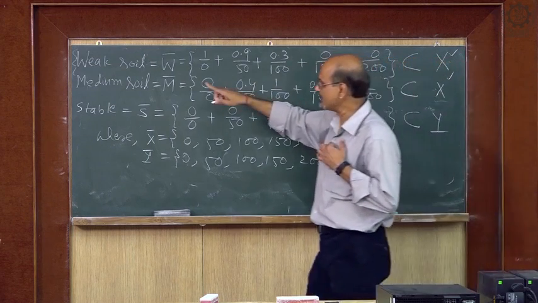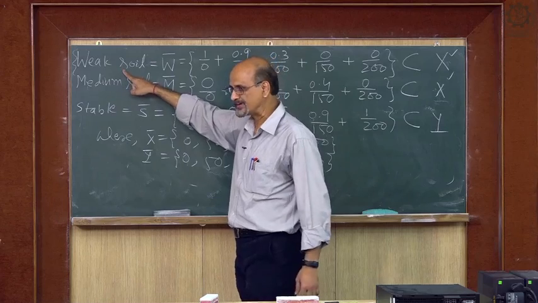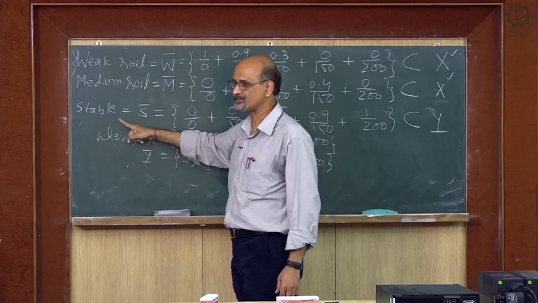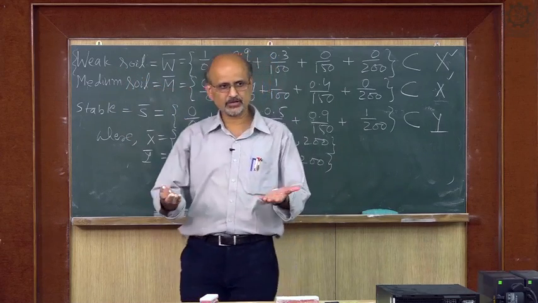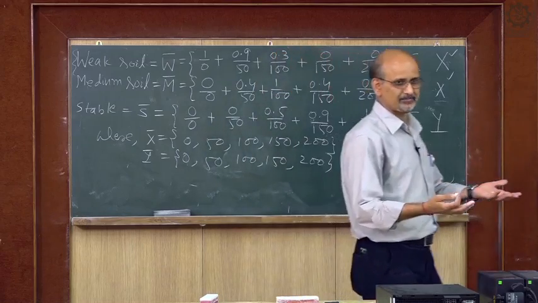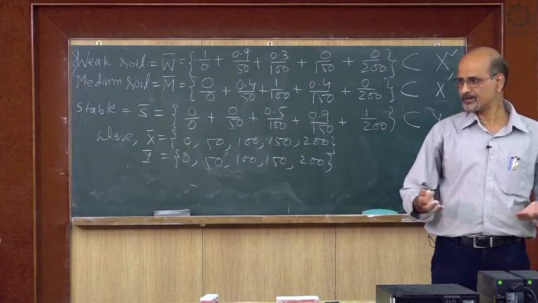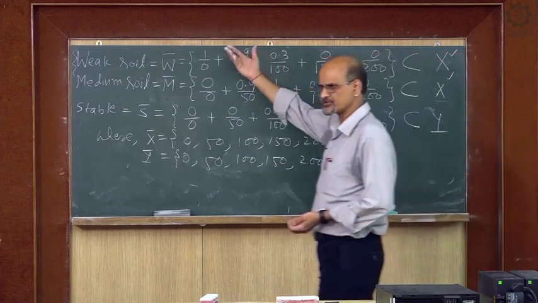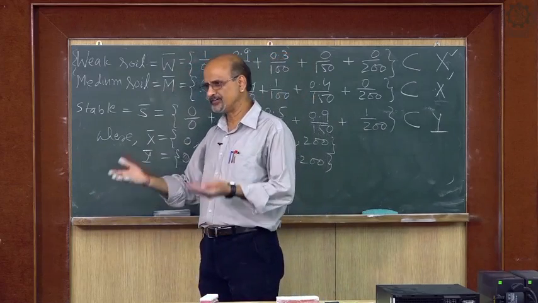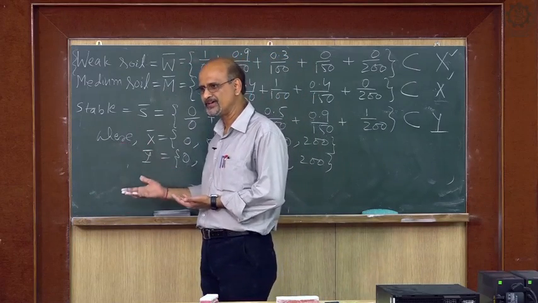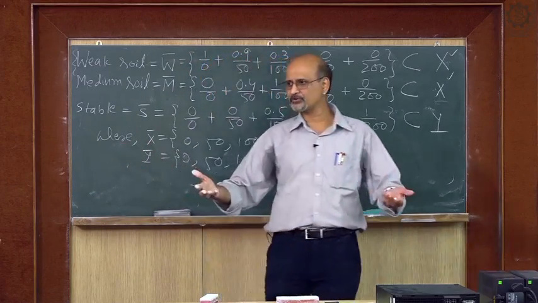So, now if I write: if weak soil then not stable. Suppose I want to construct a building. Soil is weak soil, strong soil, medium soil. So, if it is weak soil then naturally it will not be stable and you have to take different precautions. Okay.